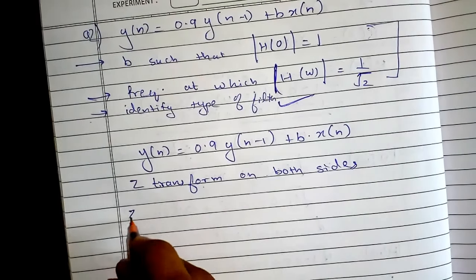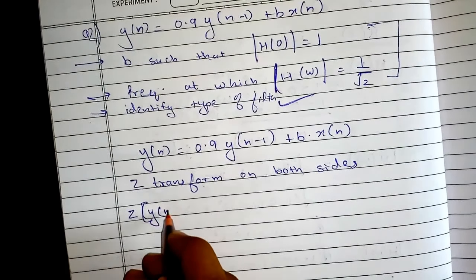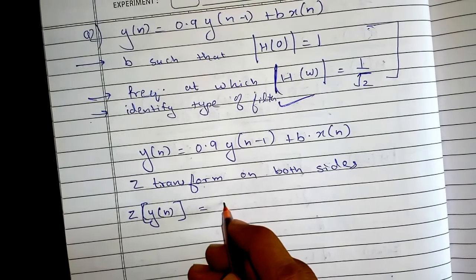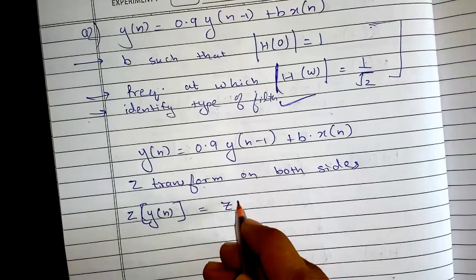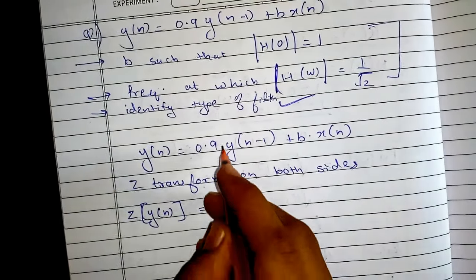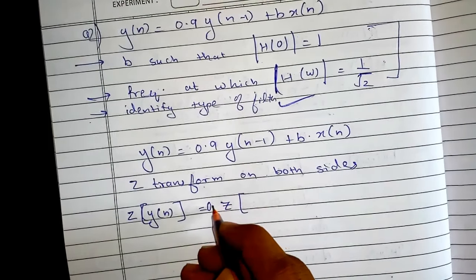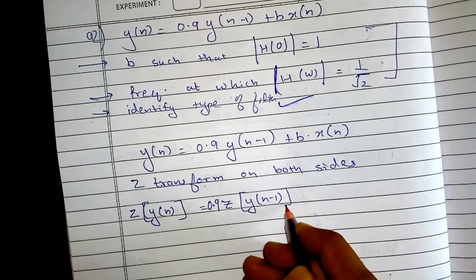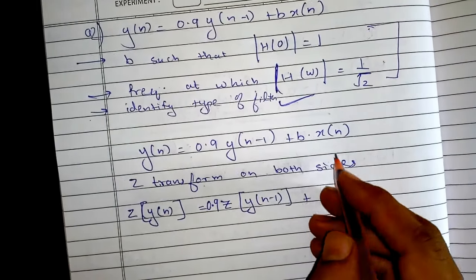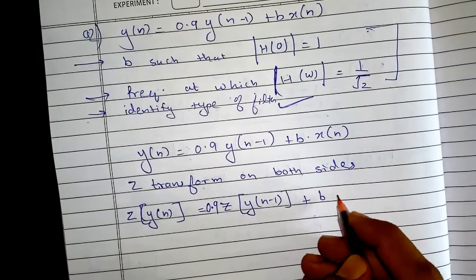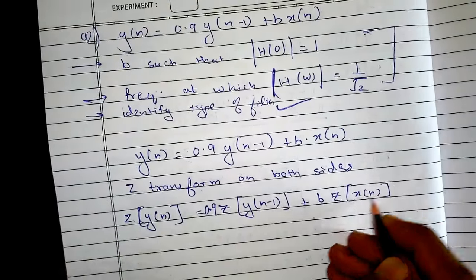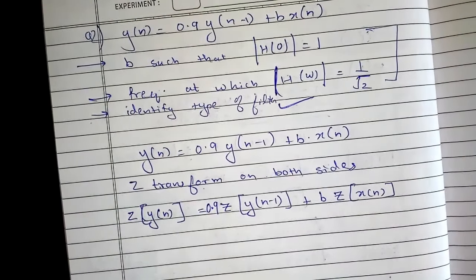Then you will have the z transform of y of n equals the z transform of 0.9 y of n minus 1 plus b x of n. Now 0.9 is a constant, so it will come out. b again is a constant, so it will come out, and I will have the z transform of x of n. I hope you are following me.